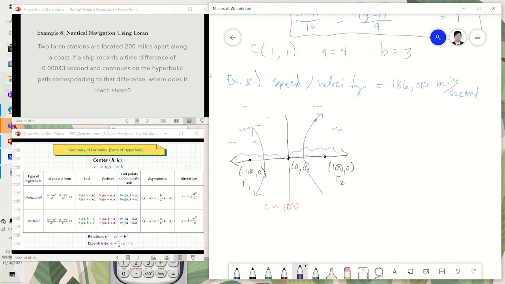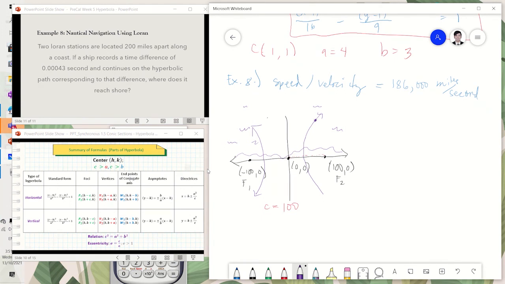So the location of our ship would be near either of the two, but based on the problem, they have a time difference. Let's assume that it would be the first station with a delay of 0.00043 seconds.